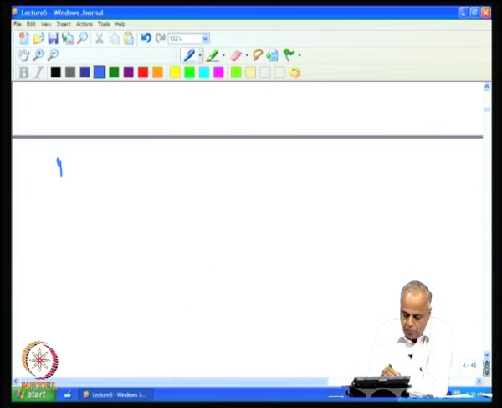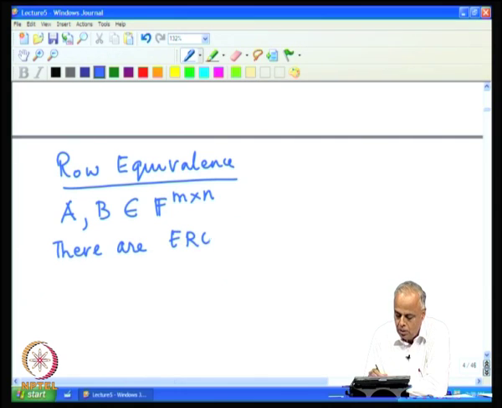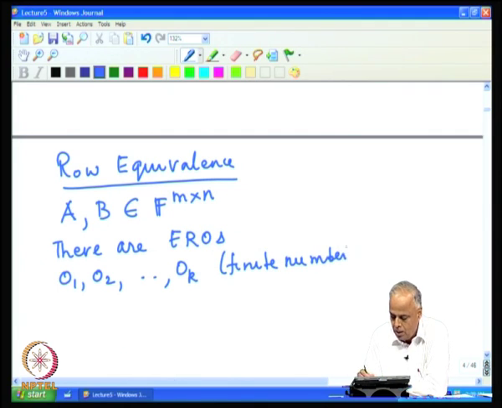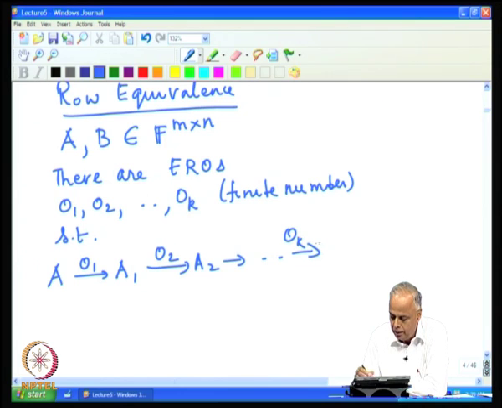Then we introduce the notion of row equivalence. Supposing we have two matrices A and B in F m cross n, and there are EROs, either of type 1 or type 2 or type 3, one type or the other, say O1, O2, up to Ok, a finite number of them, such that you can start from A and apply this sequence of EROs to eventually, in the last stage, get A k, which is equal to B, which means I can move from A to B by a finite sequence of EROs.